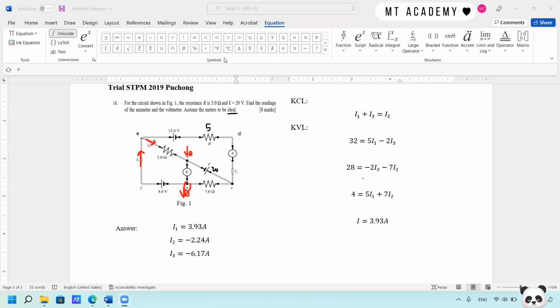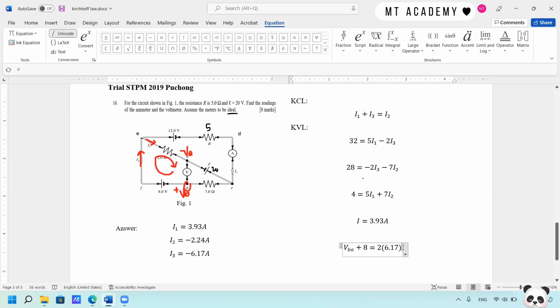This is positive, this is negative, so we treat the voltage as a type of EMF source. We draw a clockwise direction. Here we have VB minus VA is VBA. Flowing out from the positive terminal of the 8 volt, plus 8 volt equals 2 ohm multiplied by I3, so 2 multiplied by I3. We can just solve it and get the answer for VBA.